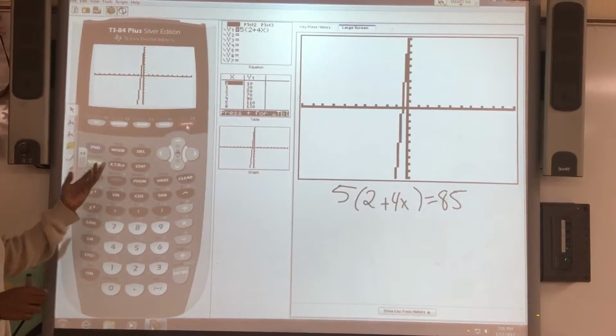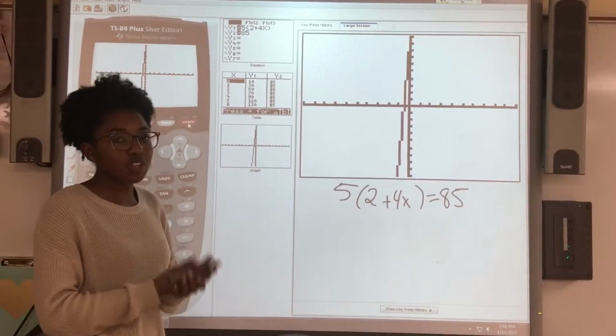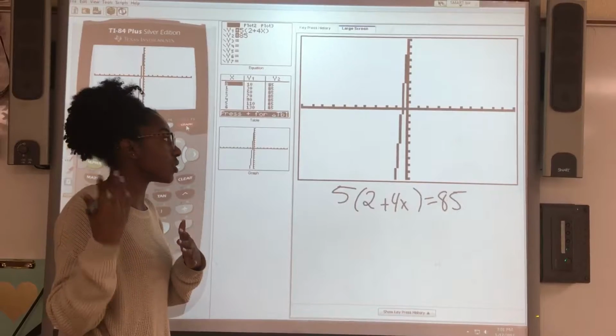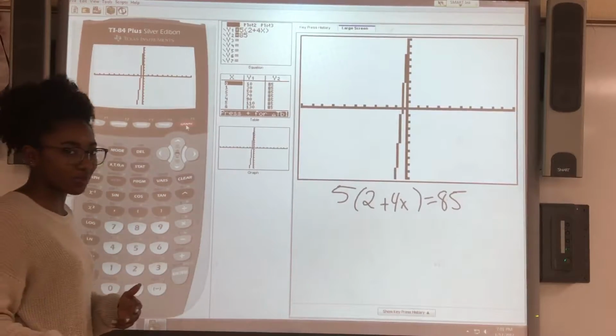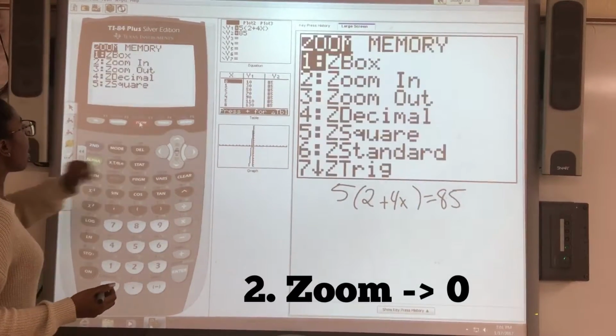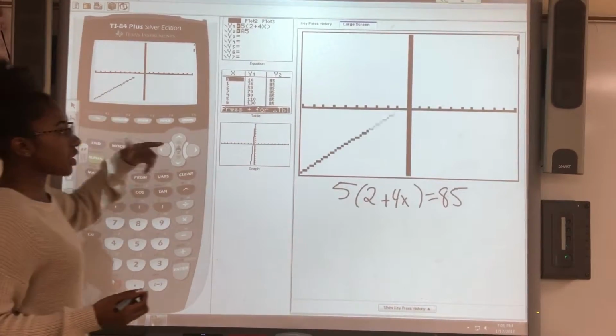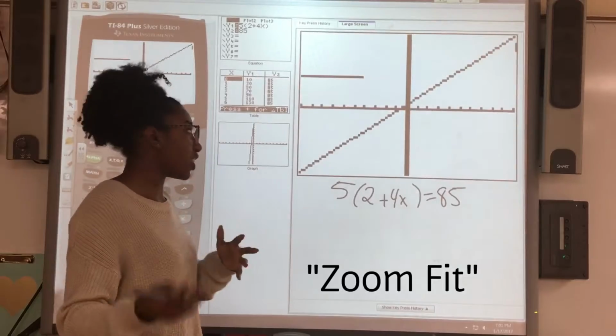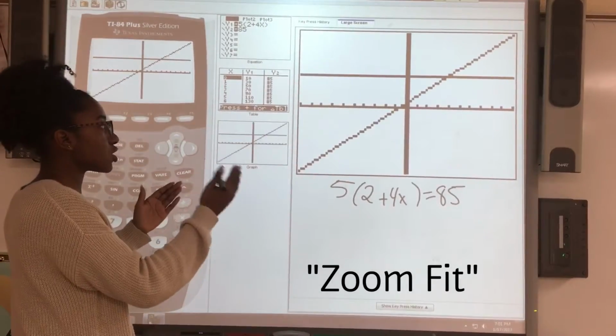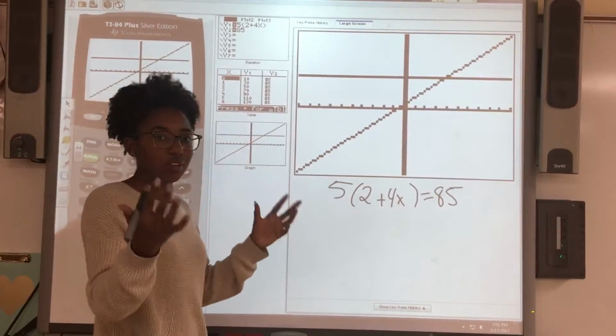you can't see the 85. So instead of changing the window like we did last time, I'm going to teach you a different method, and this one's probably a little simpler. You just go to zoom, and you click 0. When you scroll down and look at what zoom 0 is, it's zoom fit. So basically the calculator chooses what it thinks you need to see out of both of the graphs.